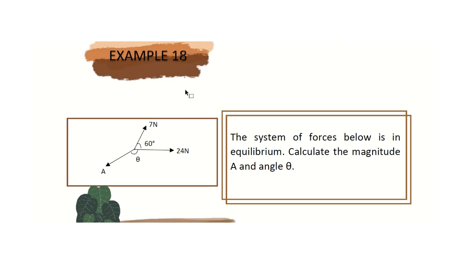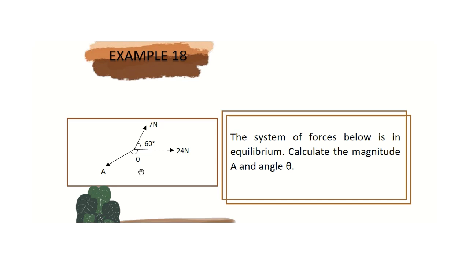Look at this example. We have three forces here: A, 7 Newton, 24 Newton, and we have an angle of 60 here. The system of force below is in equilibrium. Calculate the magnitude A and angle theta.